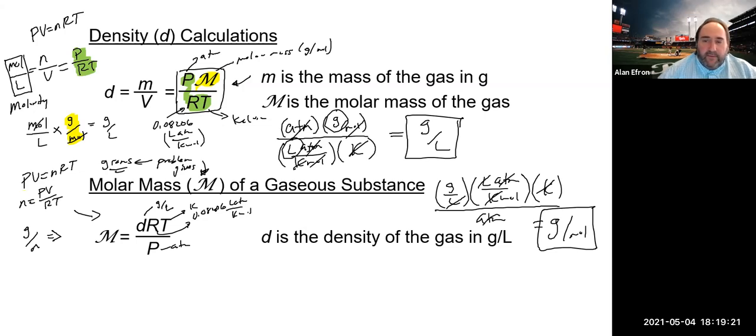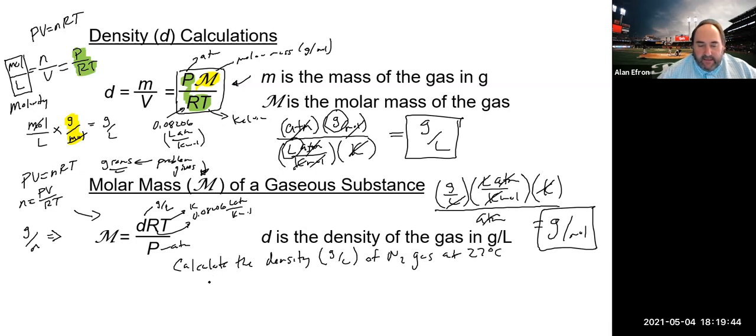So why don't you try one? Why don't you calculate the density in grams per liter of nitrogen gas at 27 degrees Celsius and 1.25 atmospheres.